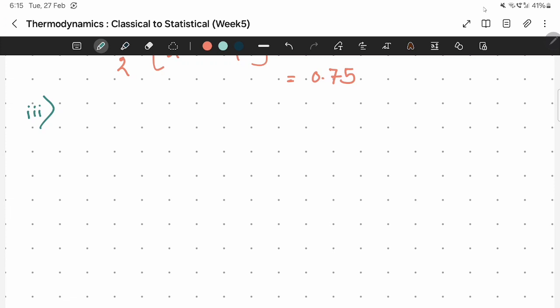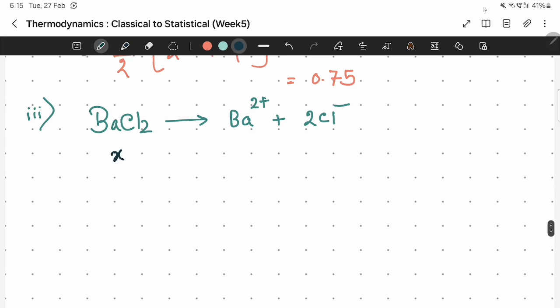Now the third question will also be solved similarly. They have asked about the 0.2 molar BaCl2 solution, barium chloride. Again this is Ba2 plus and 2 Cl minus. Similarly, if the concentration of BaCl2 is X, then the concentration of Ba2 plus will be X, and for Cl minus it will be 2X.